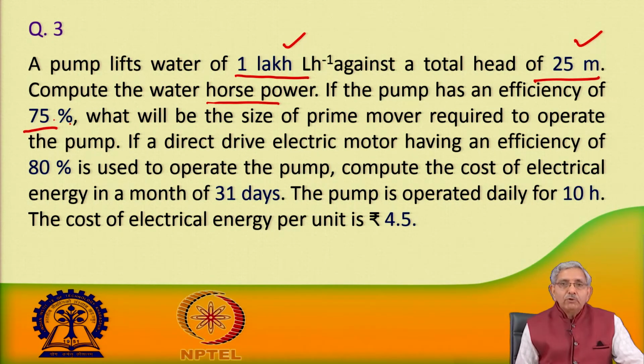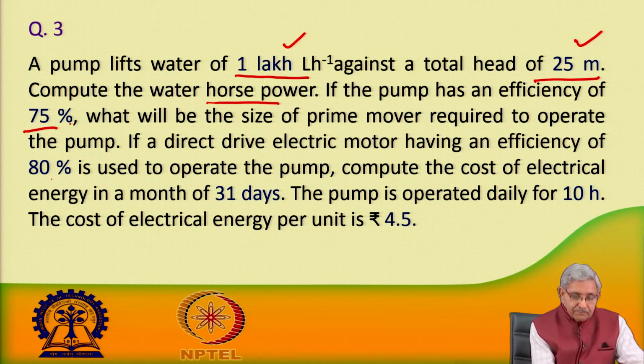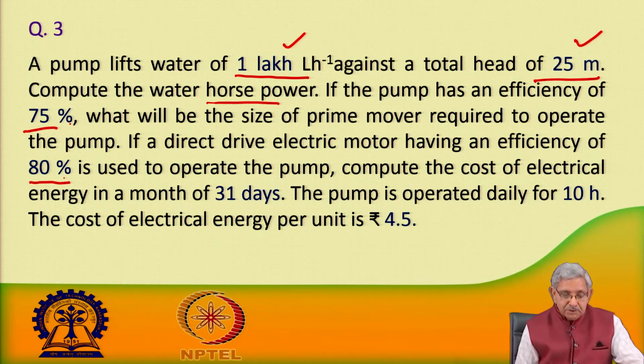What will be the size of the prime mover to operate this pump if a direct drive electric motor having an efficiency of 80% is used? So, this is the other data available: the efficiency of the motor is given.